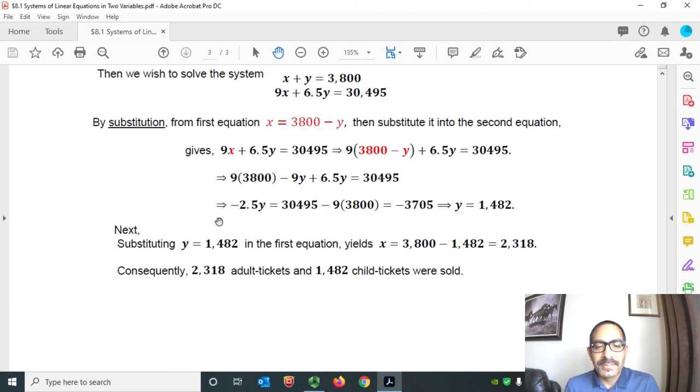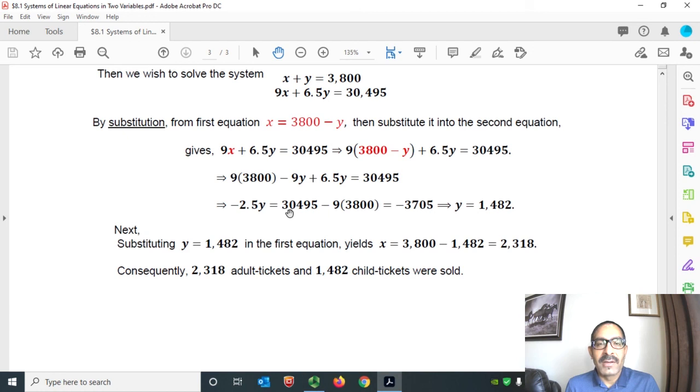Next step, here minus 9y plus 6.5y equals minus 2.5y, then equals, right side as it is, and take this constant to the right-hand side, so it becomes a minus here.